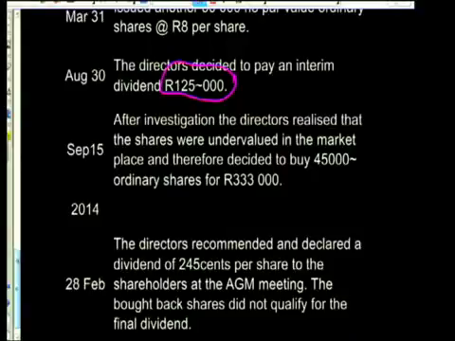Is there any more information? Yes, there is. The directors recommended and declared a dividend of 245 cents per share to the shareholders. The bought back shares did not qualify for the final dividend. Right, what do we now have to do? We now have to go back and see how many shares we had in issue.